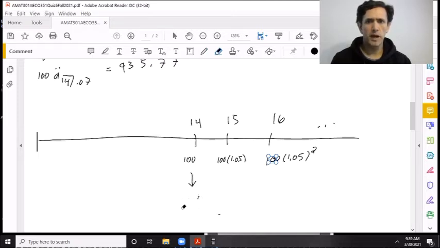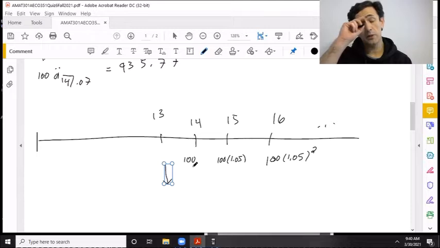The formula I'm going to use is for an annuity immediate in perpetuity. So I want the present value at t equals 13. You could use the annuity due formula for an annuity in perpetuity, but I think this formula is a little simpler.